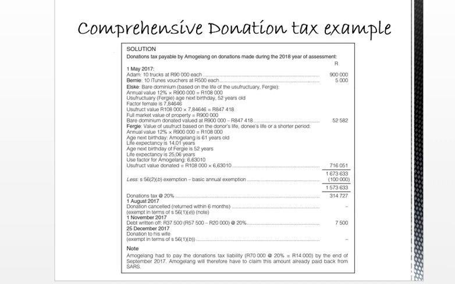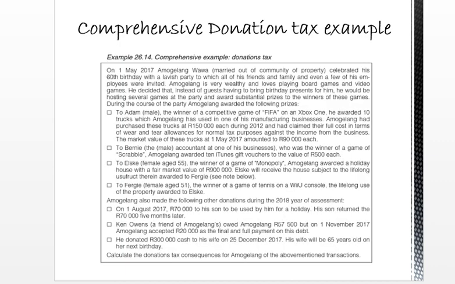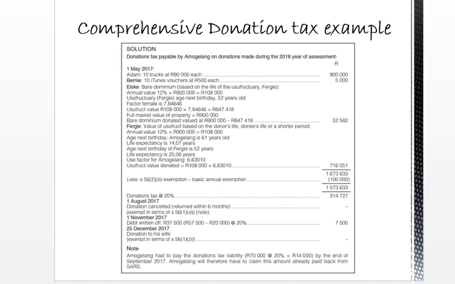Okay, and then the final donation made was 300,000 Rand cash to his wife on Christmas. His wife is 65 years of age. He is married out of community of property, but this is specifically exempt even if it's out of community of property, because it's on that list that we went through earlier.